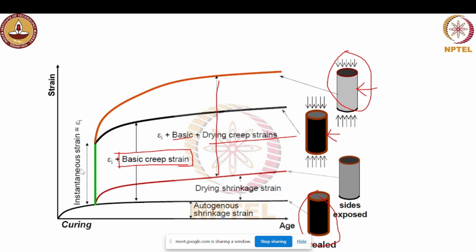If we apply load, it is basic creep, and if we are not applying load, it is autogeneous shrinkage. But in other cases, when the sides are exposed and the top and bottom surfaces are sealed, the shrinkage will happen from this part, right? So that is a drying shrinkage trend. And in the same case, if we are applying load to this, it will become drying creep. Are all the 4 cases understood to you?